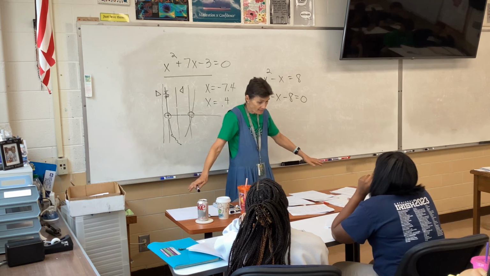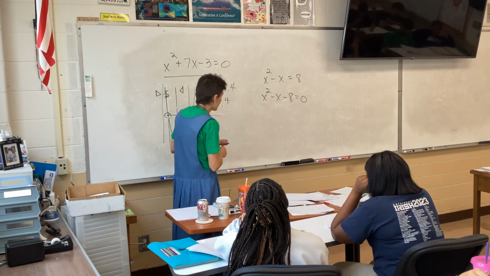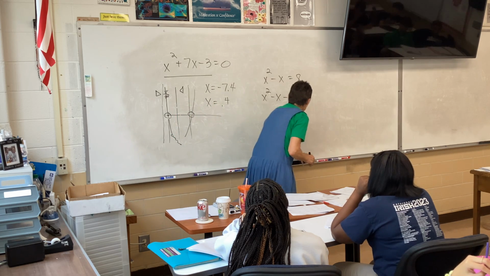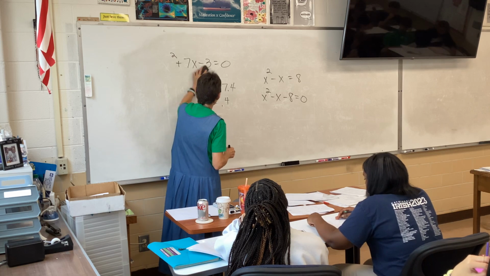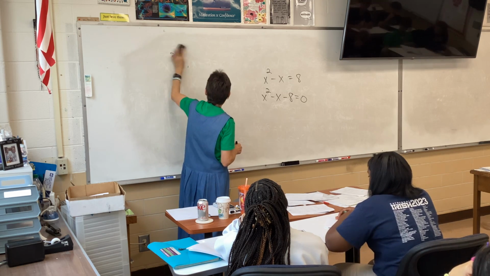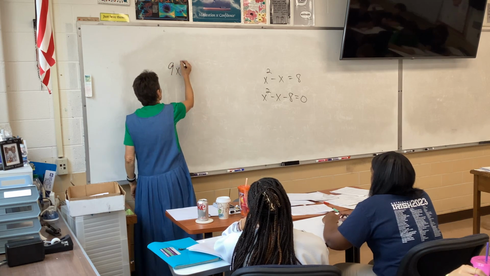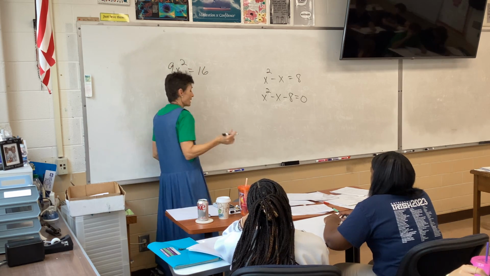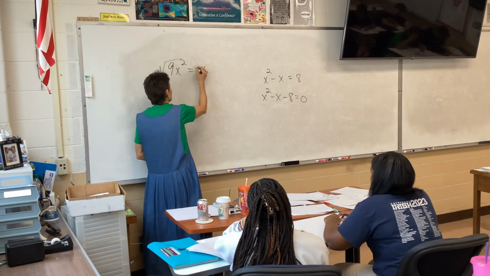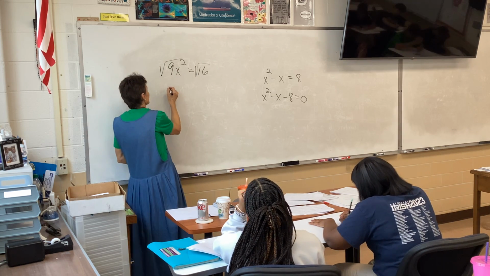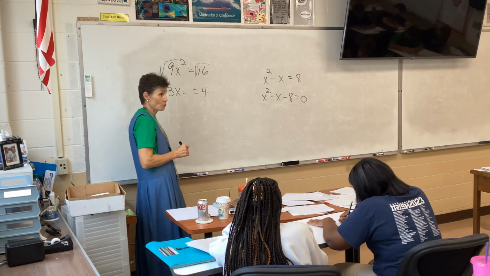You guys are amazing. All right, number 2, solve by extracting square roots. That is just a fancy way of saying, take the square root of both sides. This isn't hard, I don't have much to add, except to remind you that when you take the square root of both sides, you have to include the plus or minus.